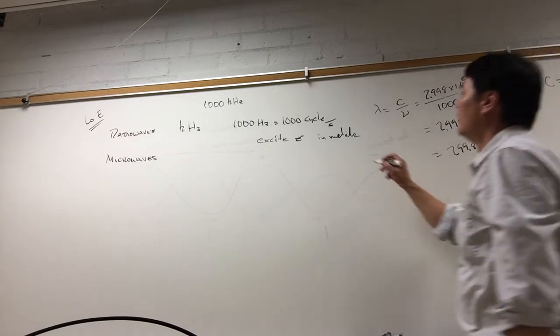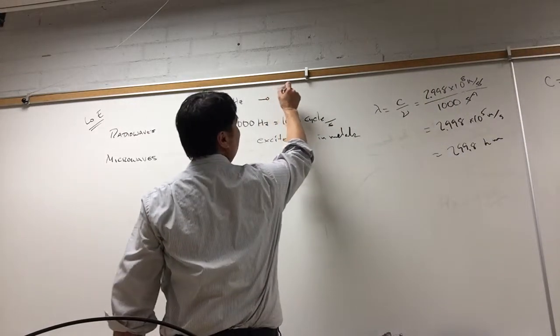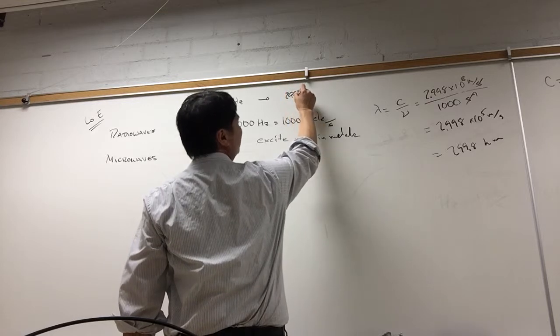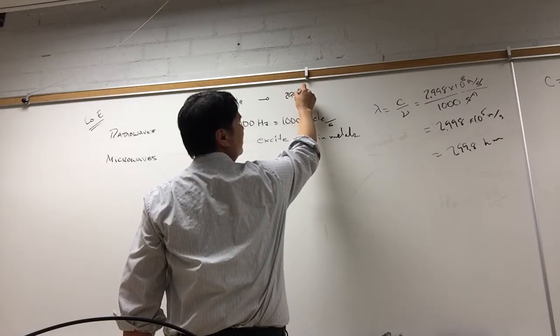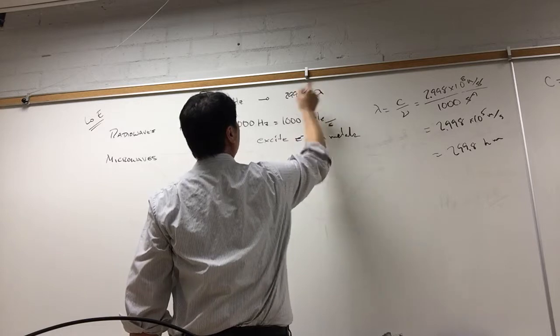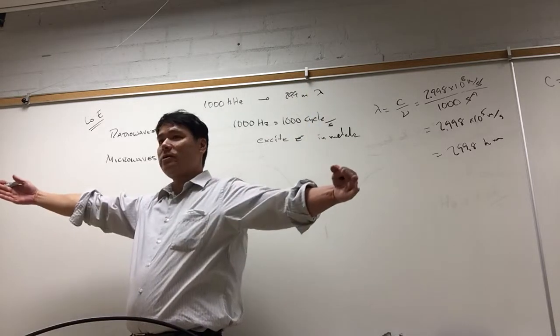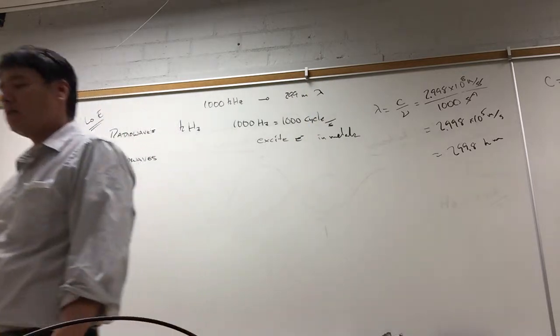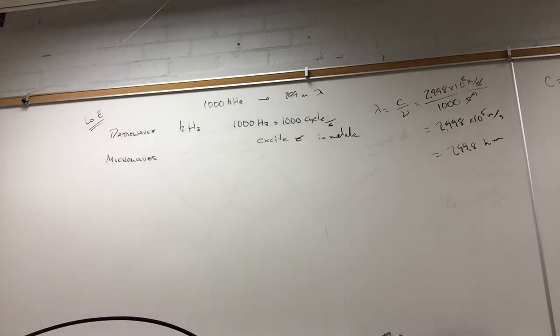So 1,000 kilohertz would be about 299 meters. Lambda. So 300 meters is a pretty long distance between peak to peak.